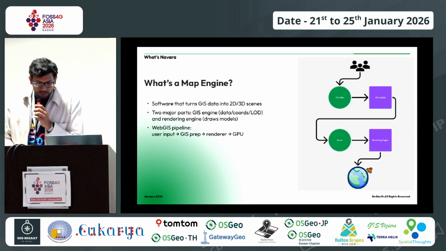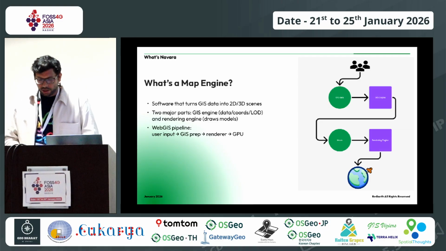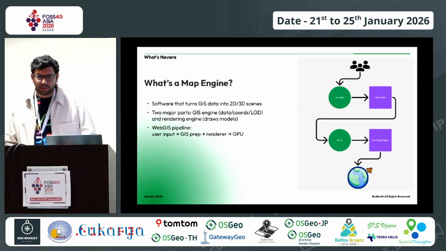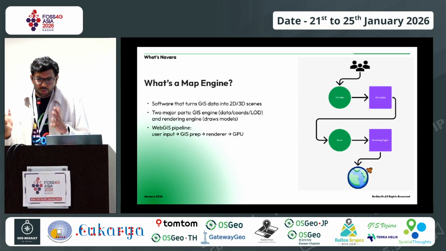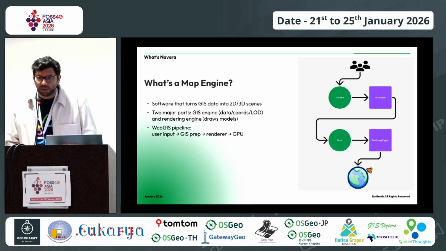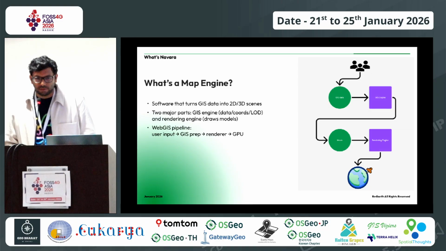Okay, moving on to what a map engine itself is. For us, it's software that can help you turn your GIS data into 2D or 3D scenes and make it visually available to you, and it can show you what it actually represents. It is majorly comprised of two main parts.